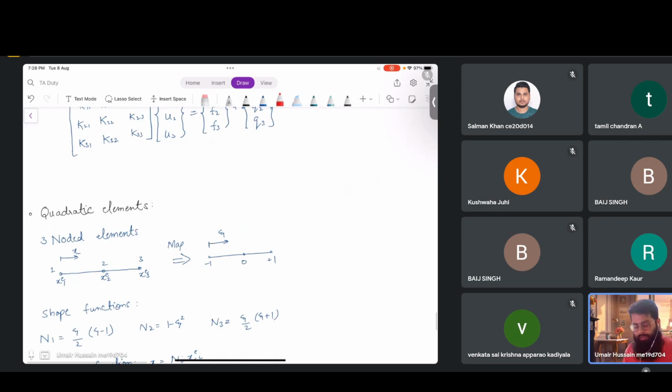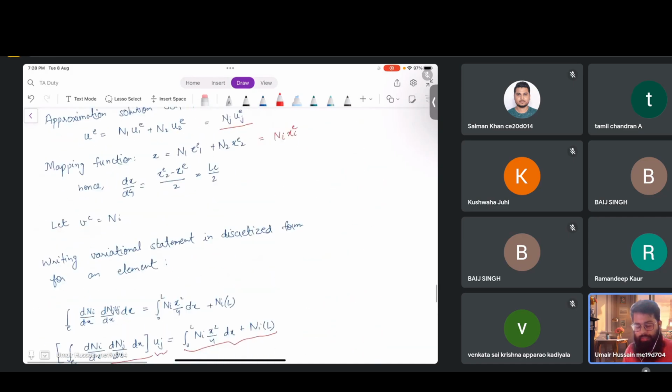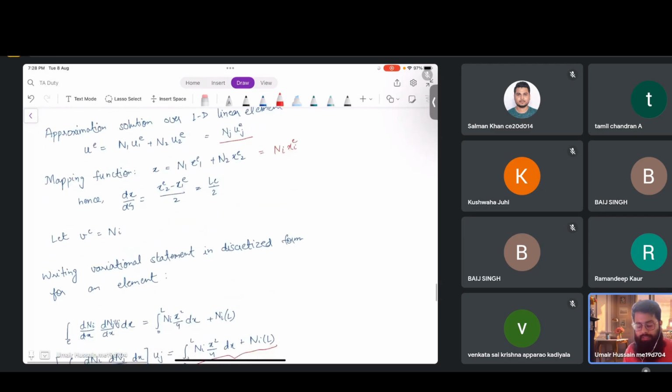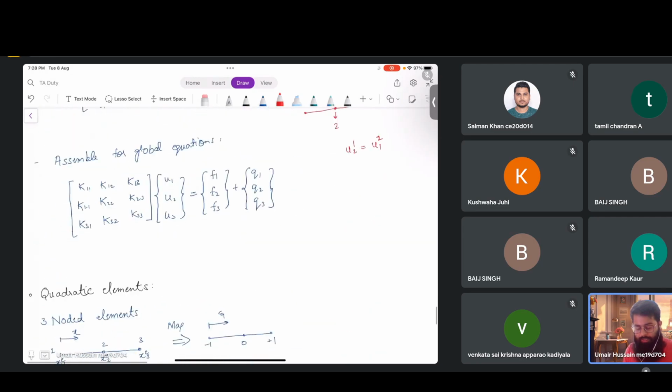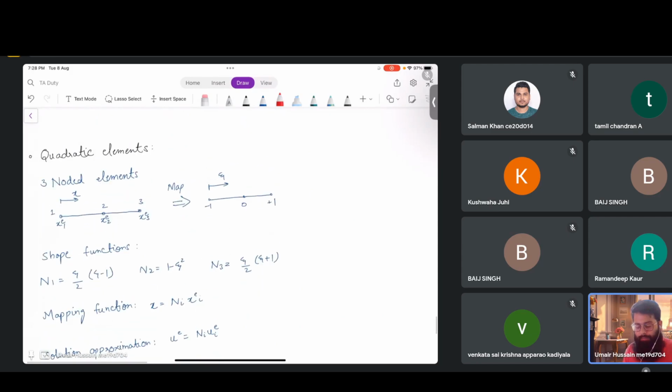So we studied this first for the linear shape functions, or the linear 1D element. Then later we studied this for quadratic element. In quadratic element, we have three nodes per element, and we define the shape function as a quadratic function, a second order function, and to define a second order function, we need three nodes.